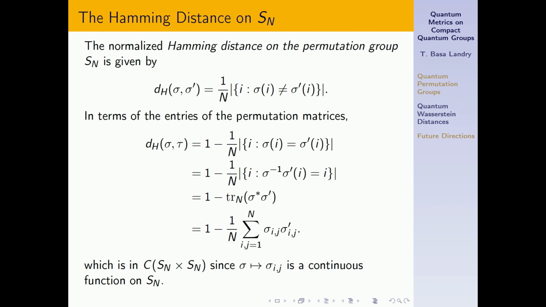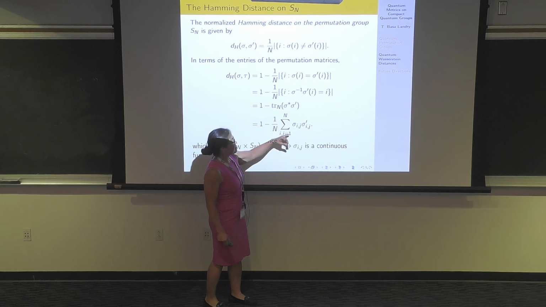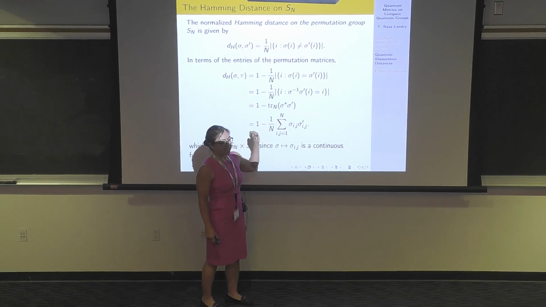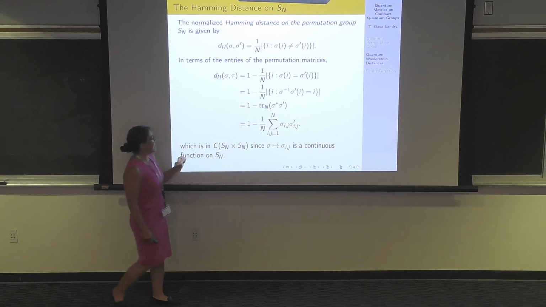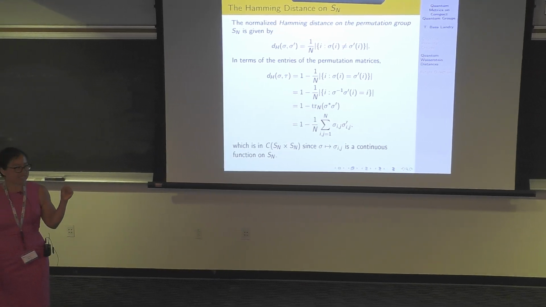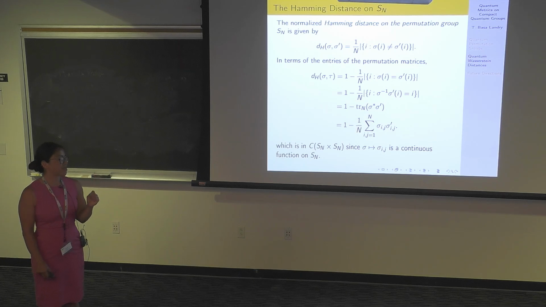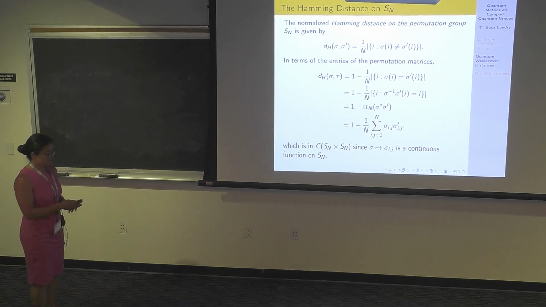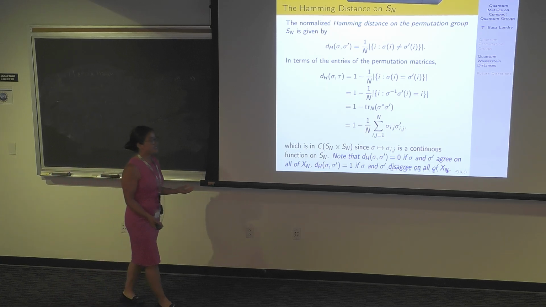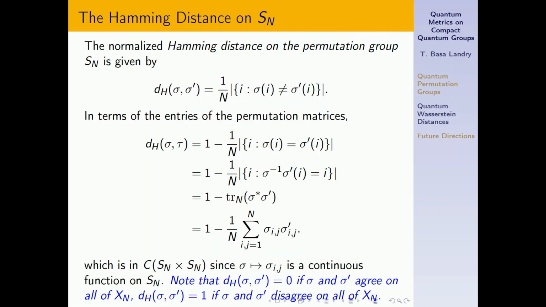Remember that we were also able to look at, if we extract each ijth entry as a continuous function on a matrix, then we can view this as a continuous function on this product of classical permutations. What does it mean to be distance 0? It's distance 0 if the two permutations agree on everything, and it's 1 if they disagree on all of the points.